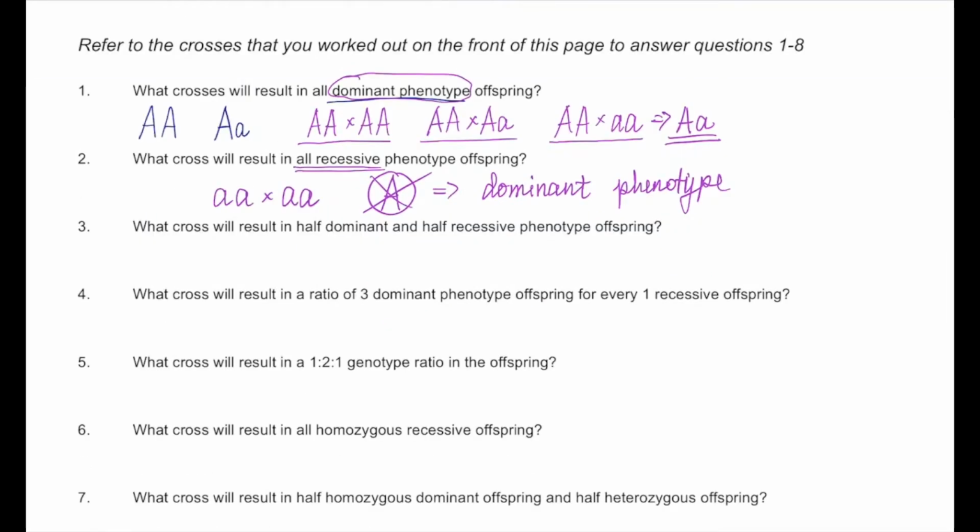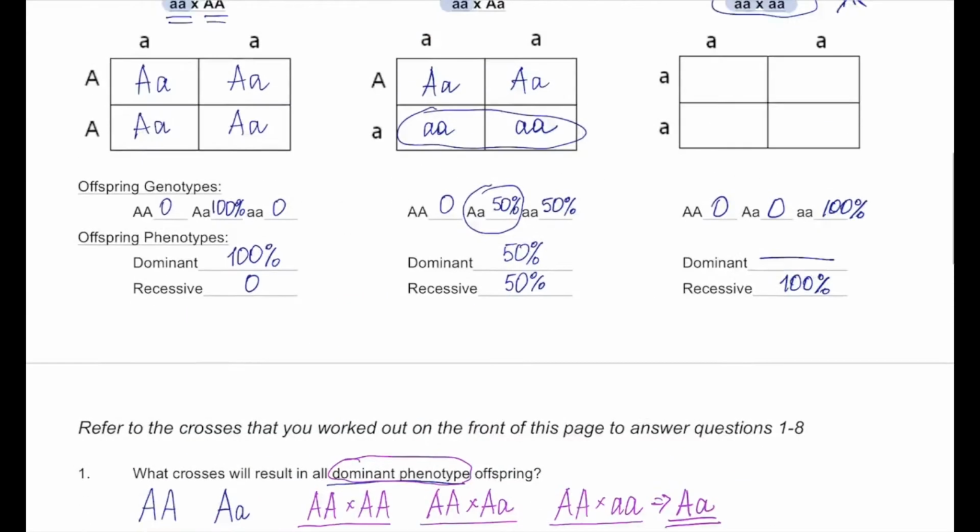The next one, what cross will result in a half dominant and half recessive phenotype? Which means that we can have AA or Aa, both dominant. So phenotypes are both dominant. This one is heterozygous, and this guy is homozygous dominant. And then half of our offspring need to have recessive phenotype. So what we're looking at is 50-50. Well, let's go back.